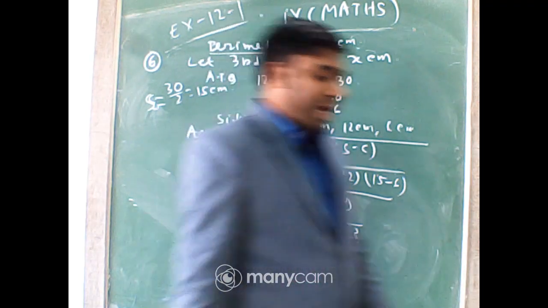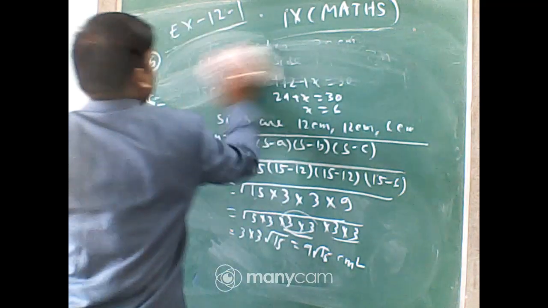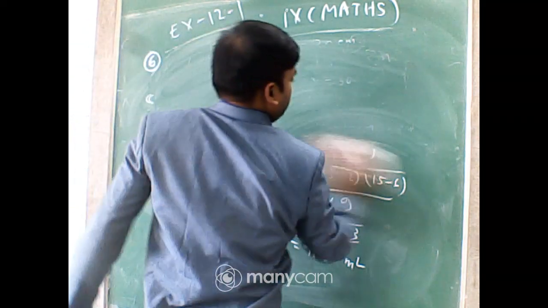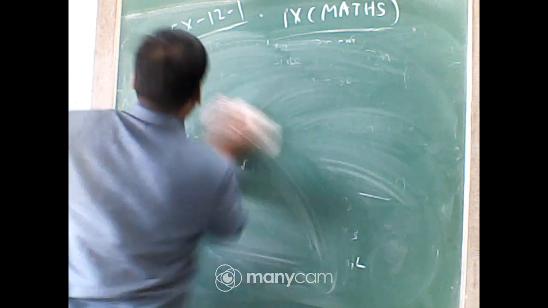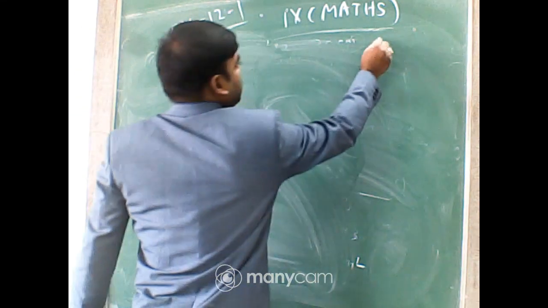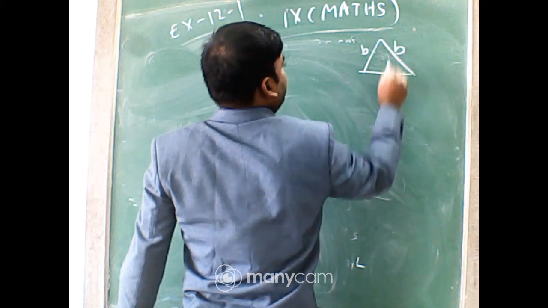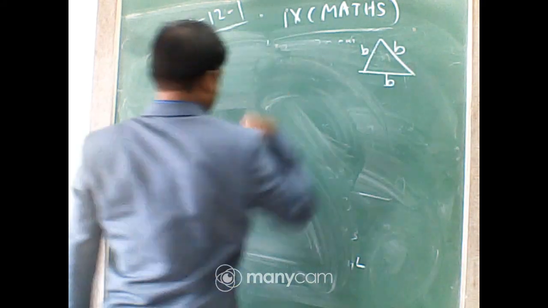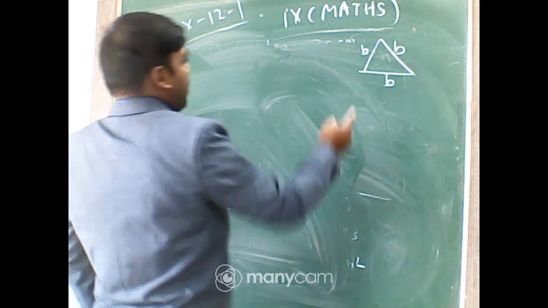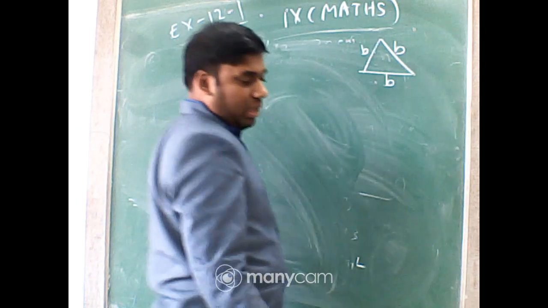Now, find out the area of a triangle whose sides are b unit, b unit and b unit. Find its area using Heron's formula.